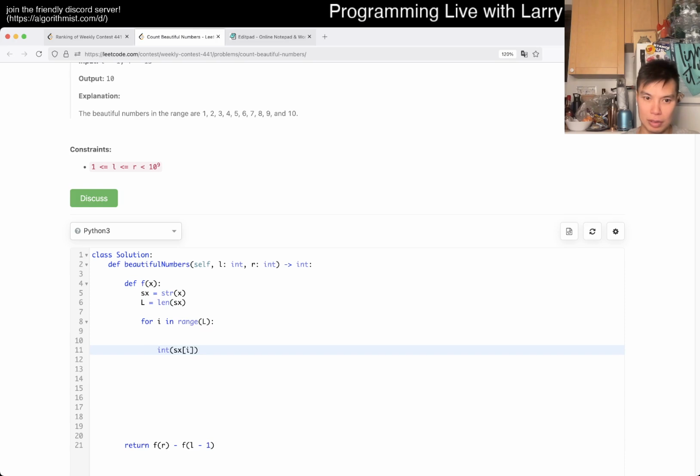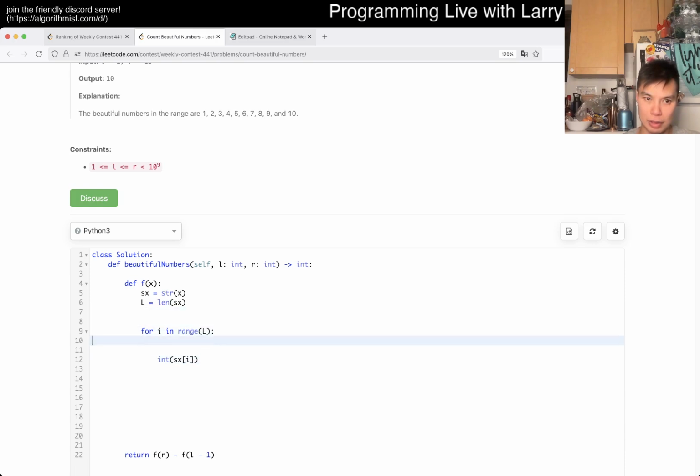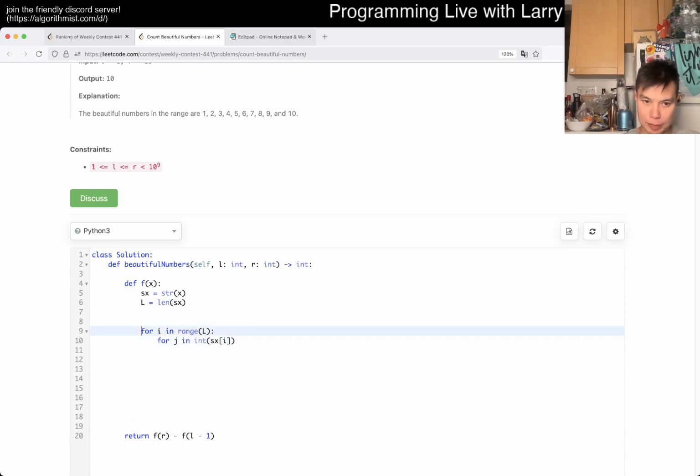So here we might try, that's wrong actually. No, that's the first digit. What am I doing? Okay, it's for I in Sx of 0.